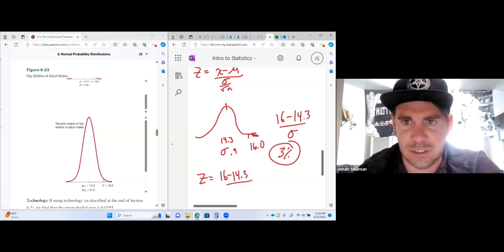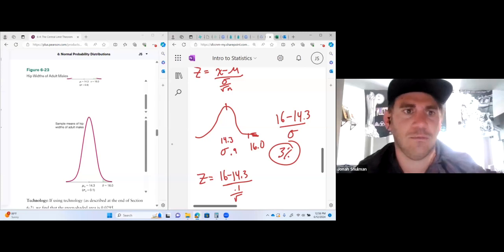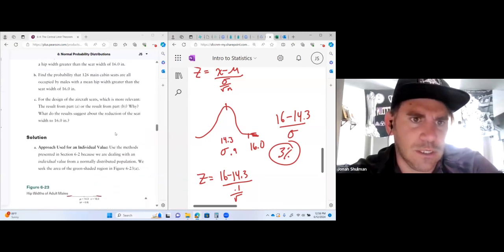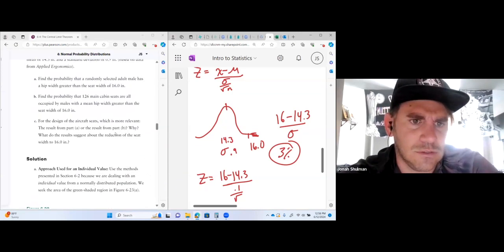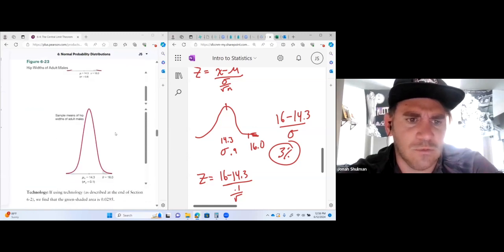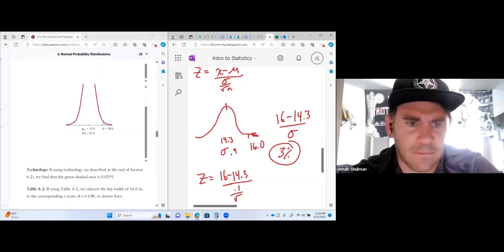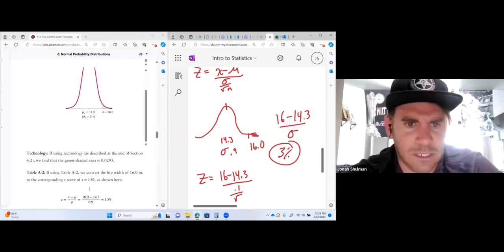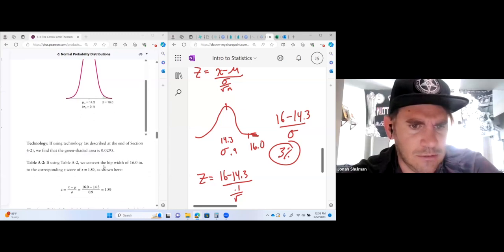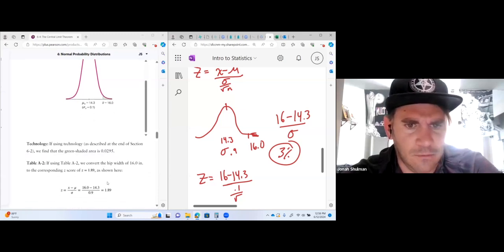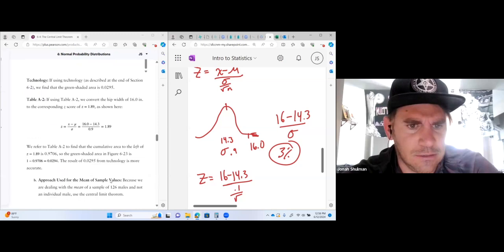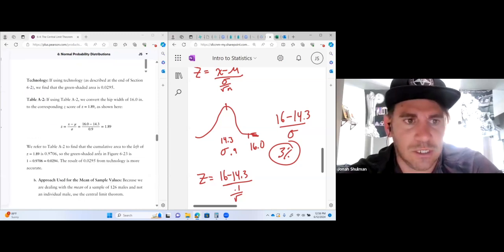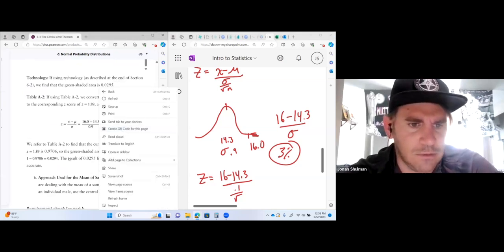Our standard deviation is what? 0.1, and we're dividing this by the square root of how many people we have. And in this case, I believe our n would be 126 for this. So we got the first one, which is 3, which is great. We got the 1.89. Either way, we got that 3%, which is great. So the first part we did right.